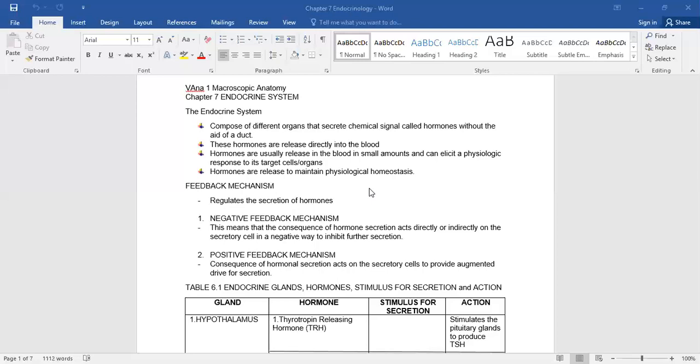Now, the hormones are being regulated through a feedback mechanism. So there are two feedback mechanisms. We have the negative feedback mechanism, in which the consequence of hormone secretion acts directly or indirectly on the secretory cell in a negative way to inhibit further secretion. An example of this is when the animal gets pregnant.